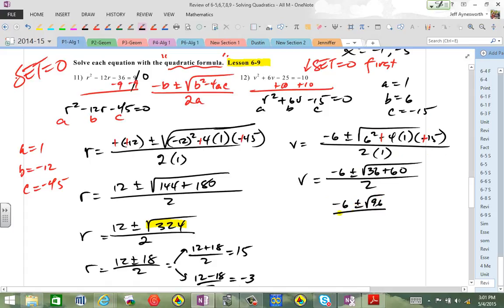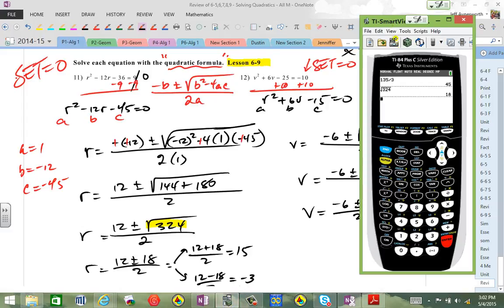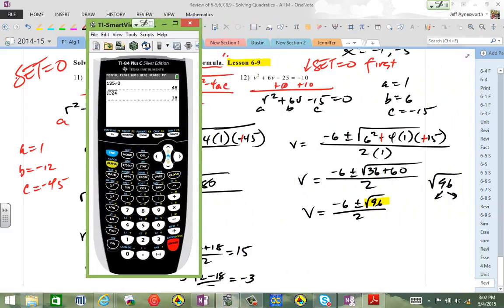So now I've got to simplify this. Square root of 96, what's that? So let's see, factor pairs for 96. Let's use a calculator, right? Why not?